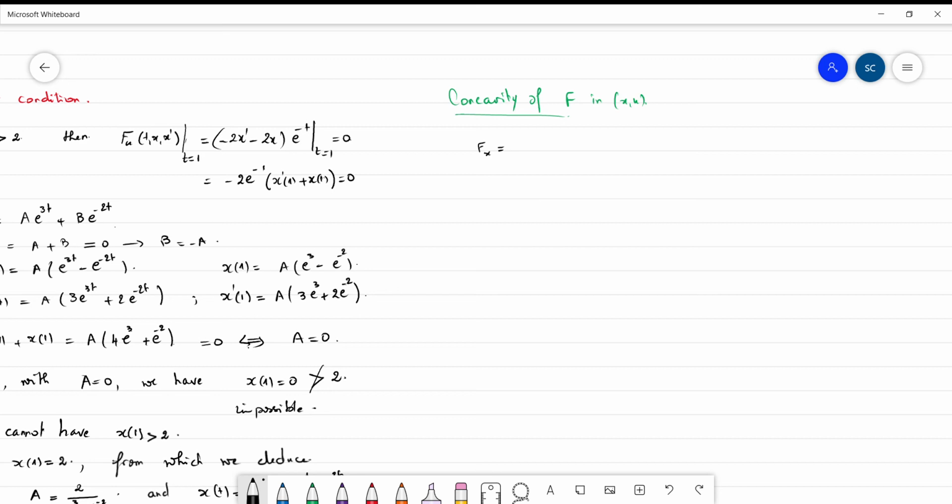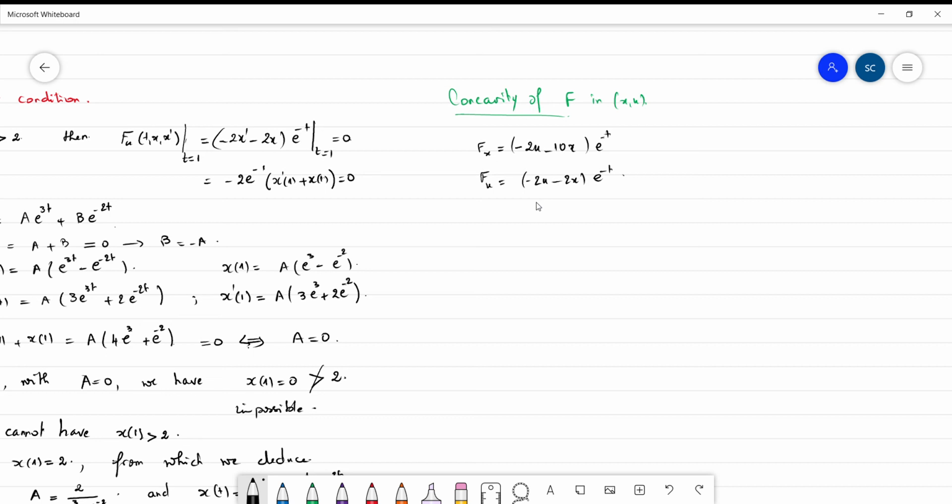We found f_x was minus 2u minus 10x times e^(-t), and f_u was minus 2u minus 2x times e^(-t).